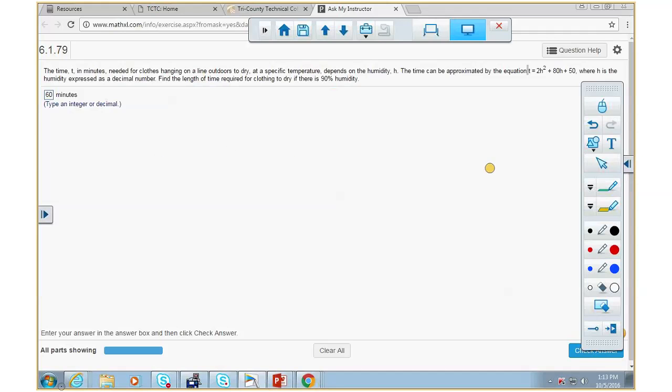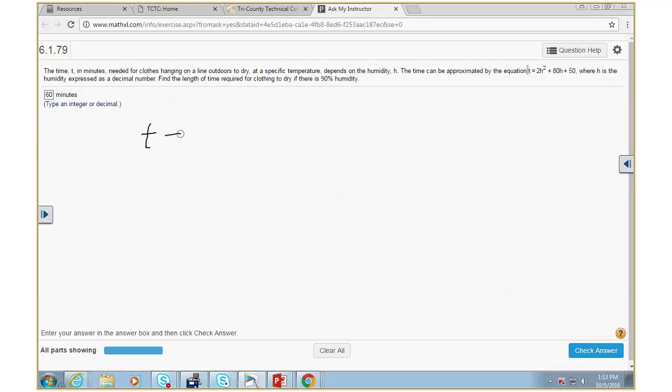So T is equal to 2h squared plus 80h plus 50. Can somebody tell me what this is?